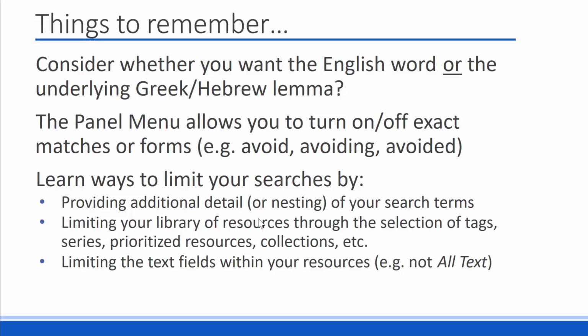And the third thing is limiting the text fields within your resources. By that I mean sometimes you're just going to want to search the titles of chapters or key headings associated with a chapter and not all the text itself. That's a more advanced feature, but it's available, and as you get more and more comfortable, that term all text in your panel menu is going to be something you're not going to necessarily default to, but most of the time you will.